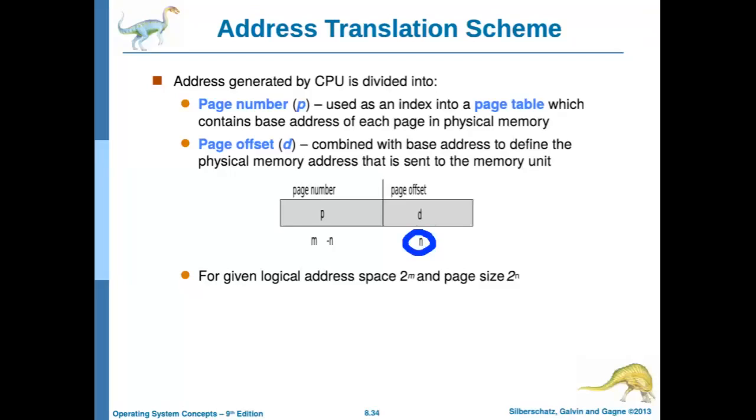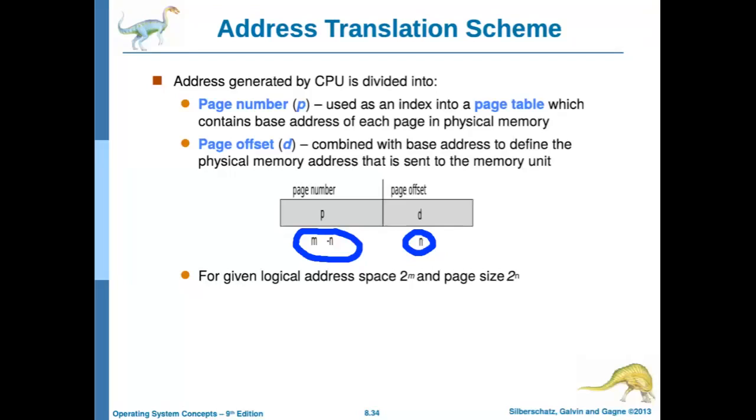And m minus n bits are utilized for the page number. If 2 raised to m is the logical address space, the total bits are m. You simply do one thing: m minus n plus n gives me m.